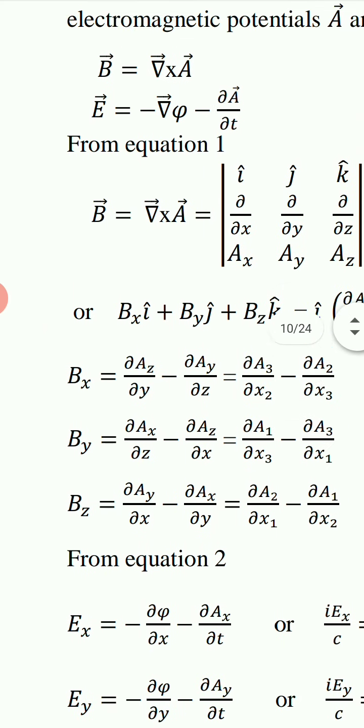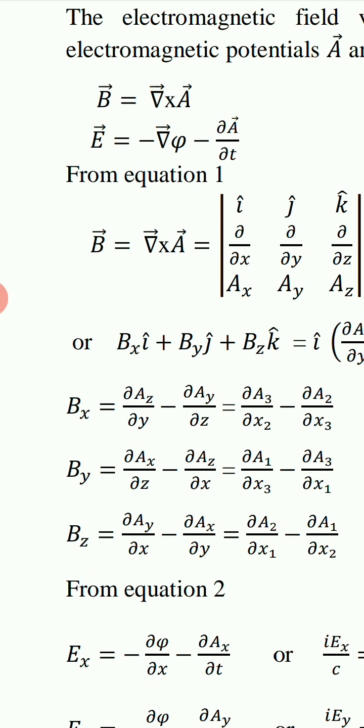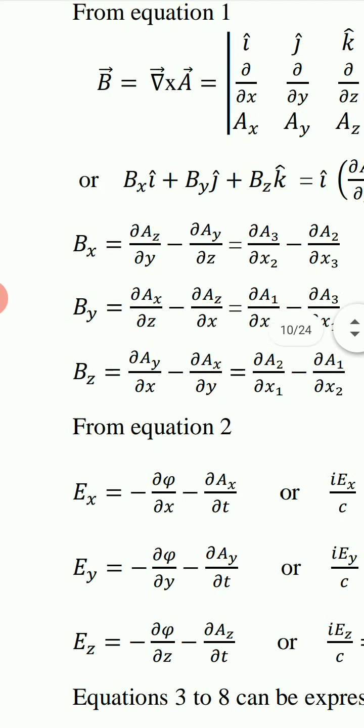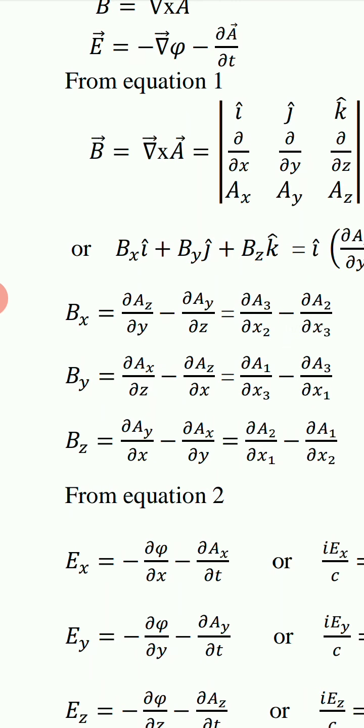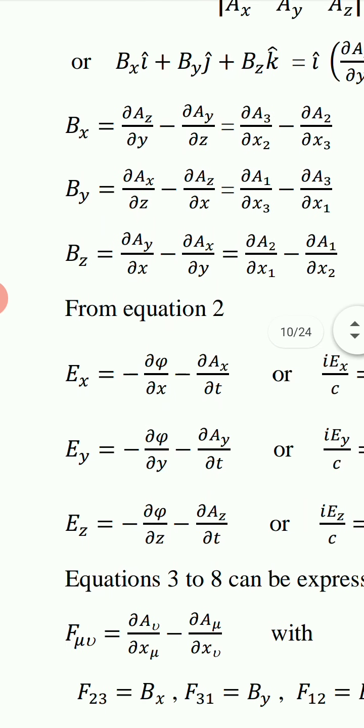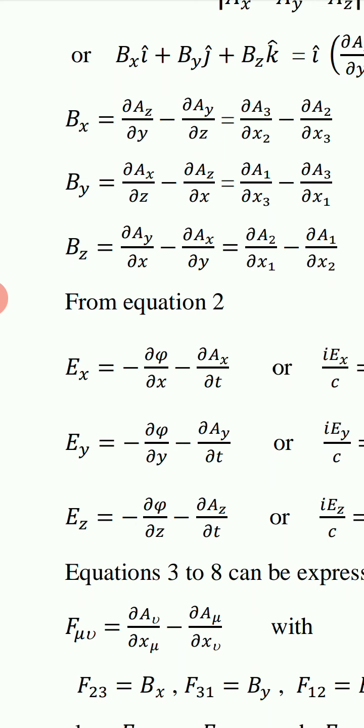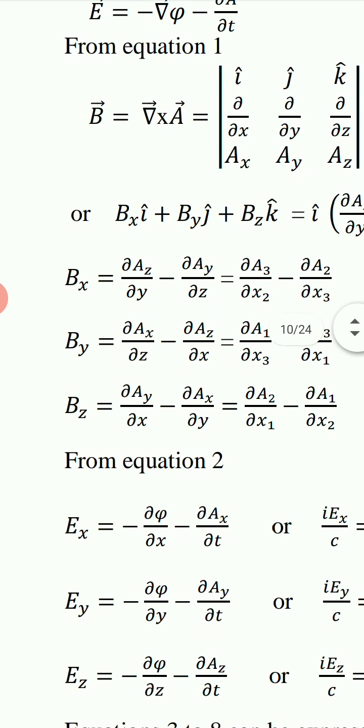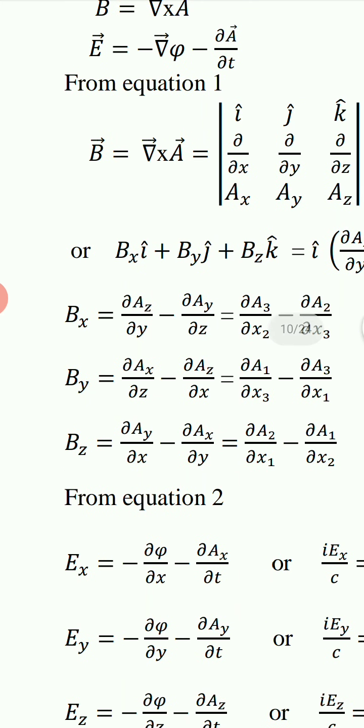From equation 2, which is E vector equal to minus del phi minus delta A upon delta t, we can write its three components Ex, Ey and Ez as Ex equal to minus delta phi upon delta x minus delta Ax upon delta t.